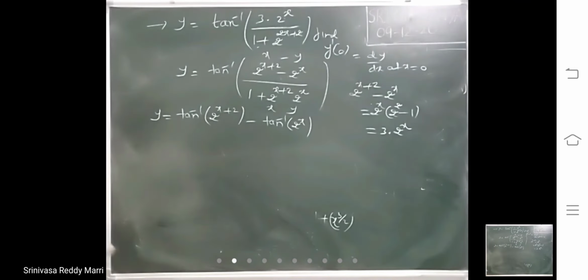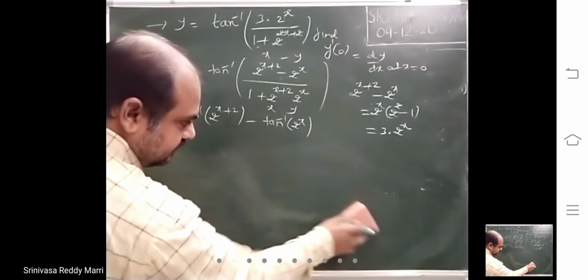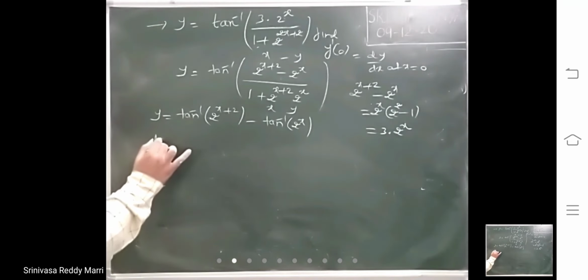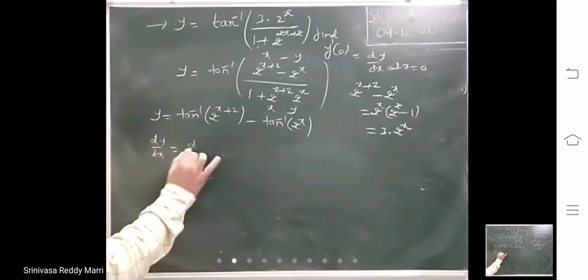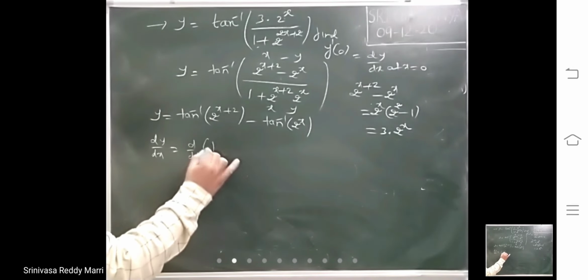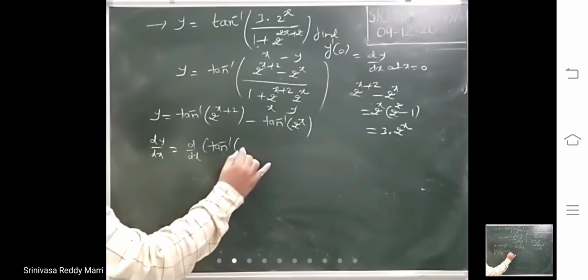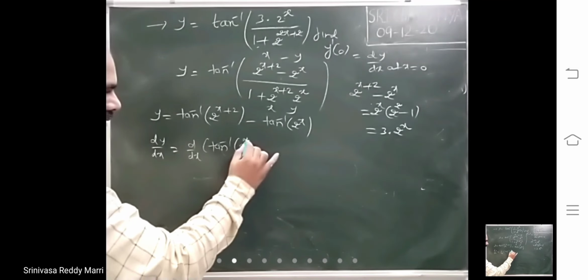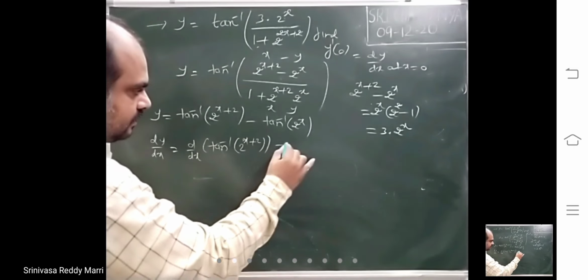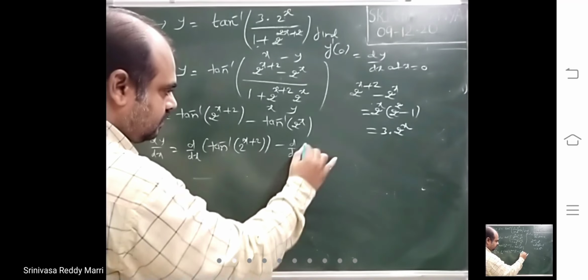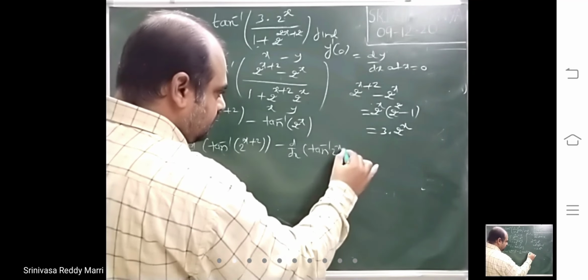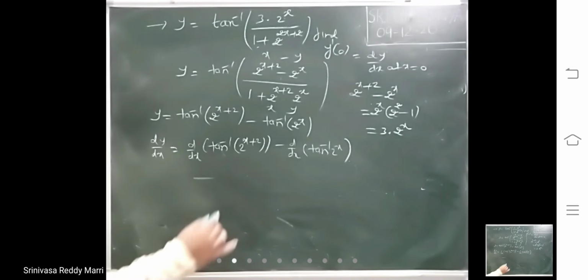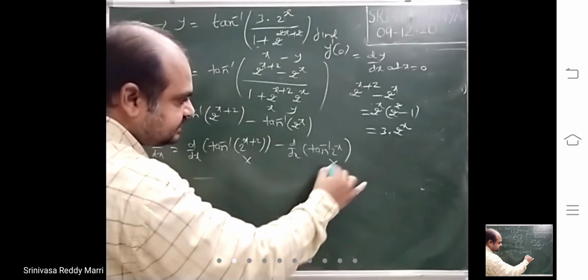Now this is a simplified expression. The derivative can be done easily. Dy by dx is nothing but this. Now for tan inverse, this is capital X here.